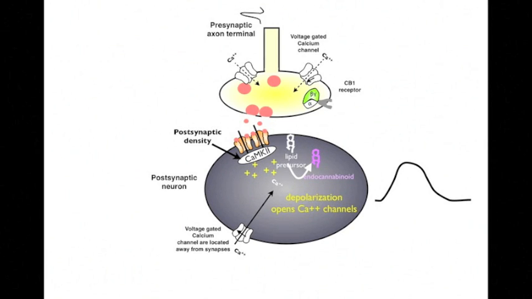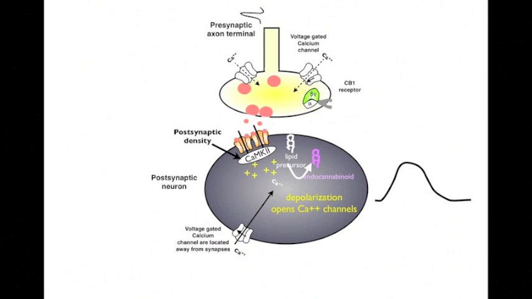Although it was not mentioned in previous lectures, voltage-sensitive calcium channels are present in the dendrites and soma of almost all neurons, but they occur at extrasynaptic sites that are removed from the synapse.